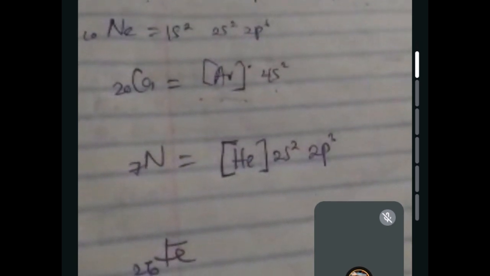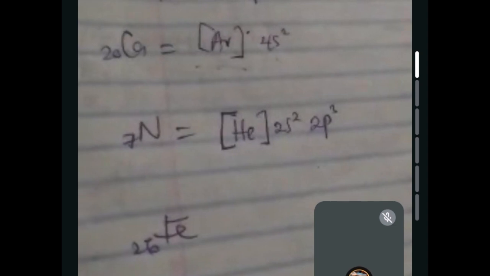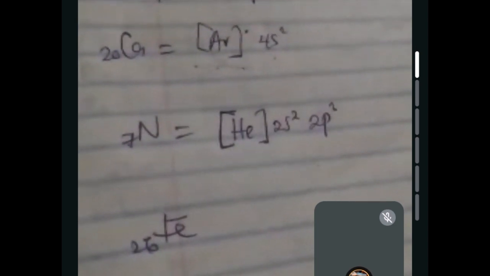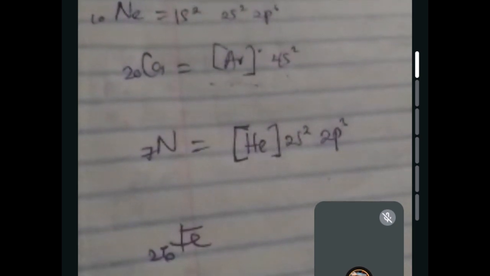I came across something. This HE you wrote in the material, but sometimes you see HE, sometimes NE, AR, then KR, XE. Is there a way, like with this atomic number 20 that you used, you said AR 4S2, so is there a way to solve it?